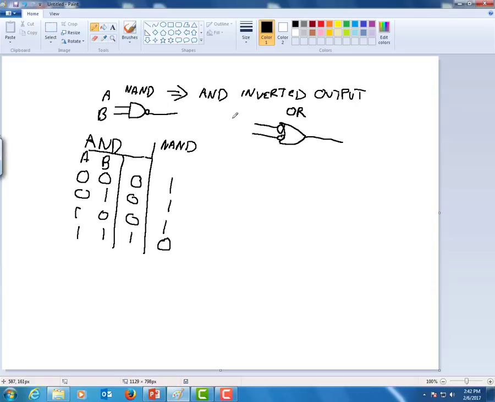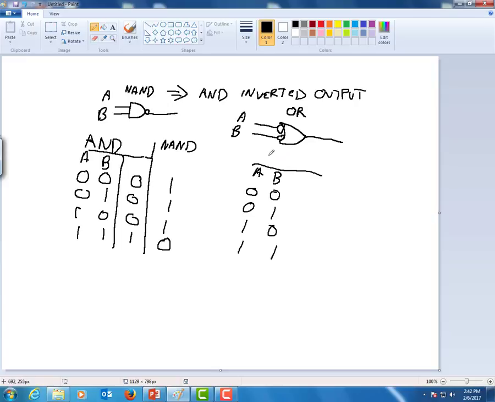So let's do the same thing. Suppose this is A, and this is B, and let's write it. We're going to write A, B. It's going to be what? 0, 0, 0, 1, 1, 0, 1, 1.